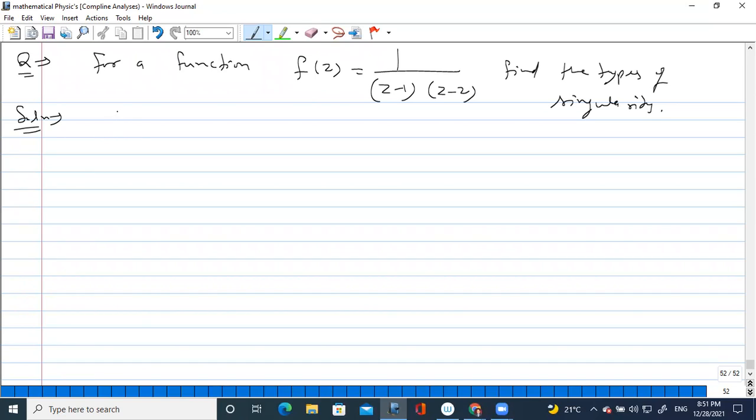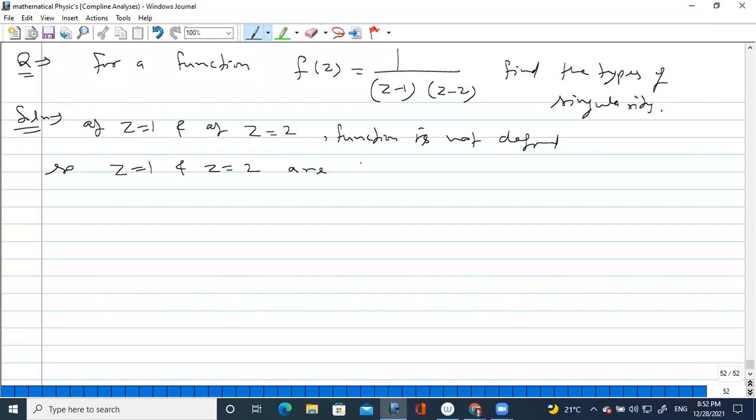So at z equal to 1 and z equal to 2 the function is not defined. These are two simple poles, or poles of order 1, because both have order 1.